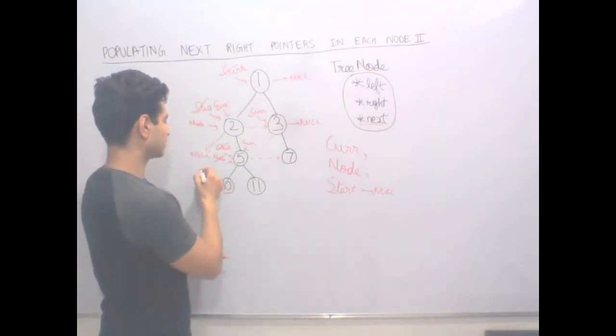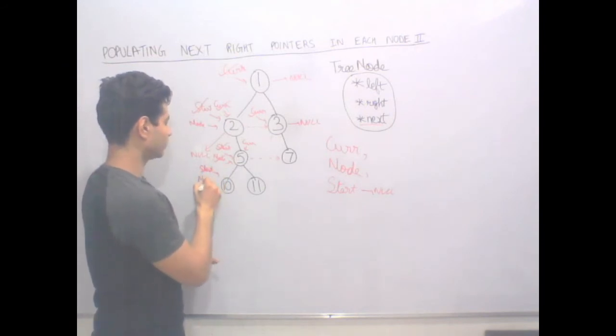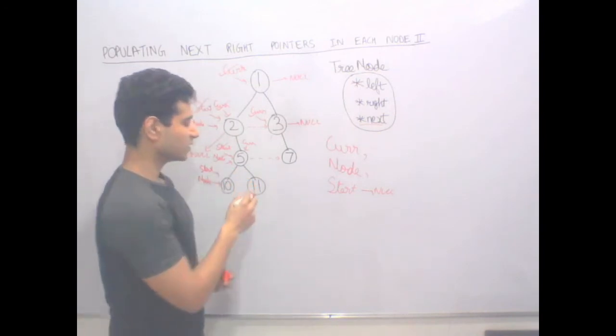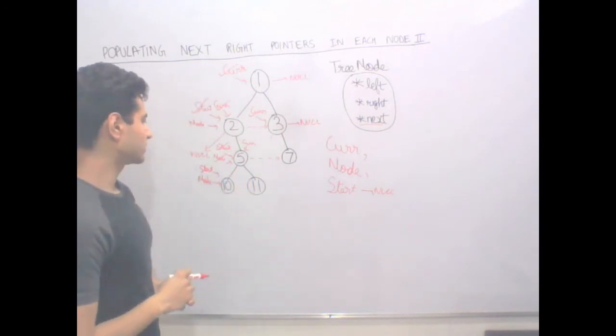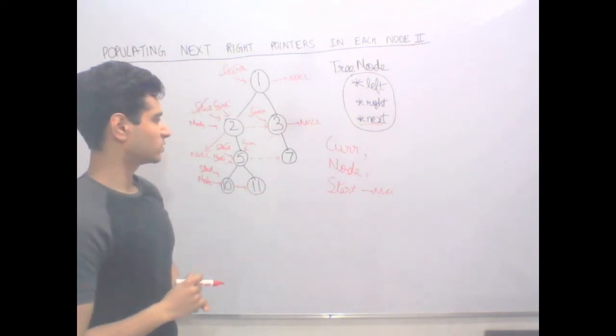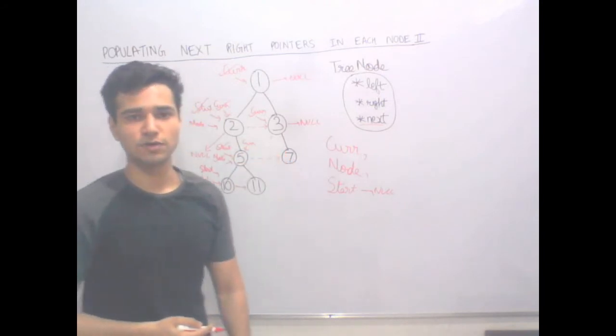It does exist. The start would be here. Node again would be assigned to this. Again we will see if its right node exists. Yeah, it does exist. So we will assign this, make this connection, and move 5 further ahead in this node.